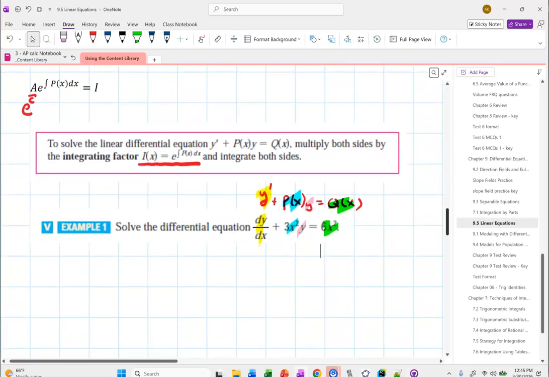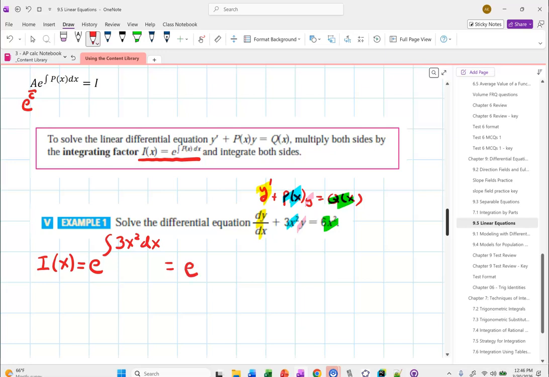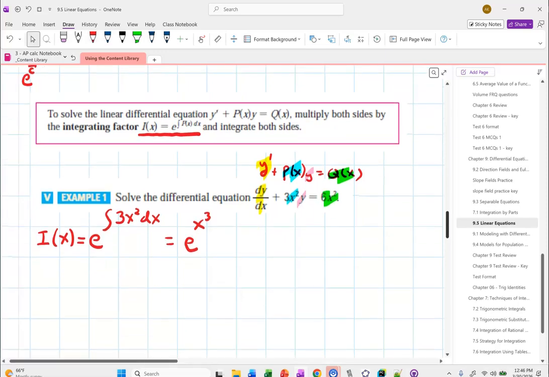All right. Now let's find our integrating factor. So my integrating factor is going to be e to the integral of 3x squared dx. Everybody's good to there? What's the integral of 3x squared? X cubed. Okay.